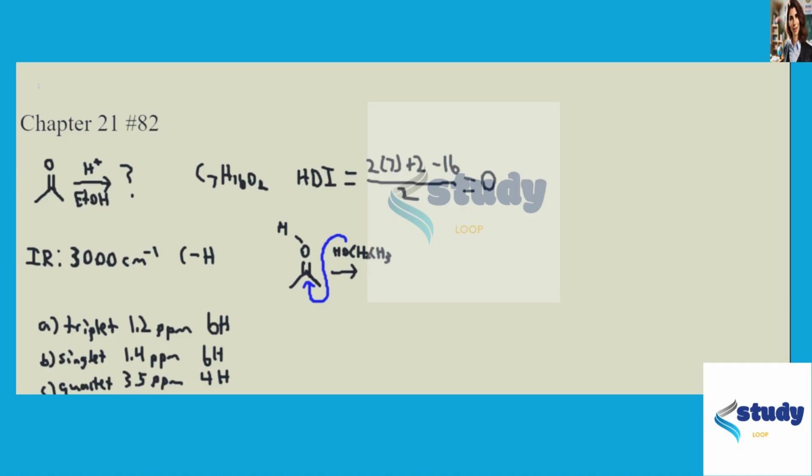If we think about that happening twice, what we would get is a molecule that looks like this.